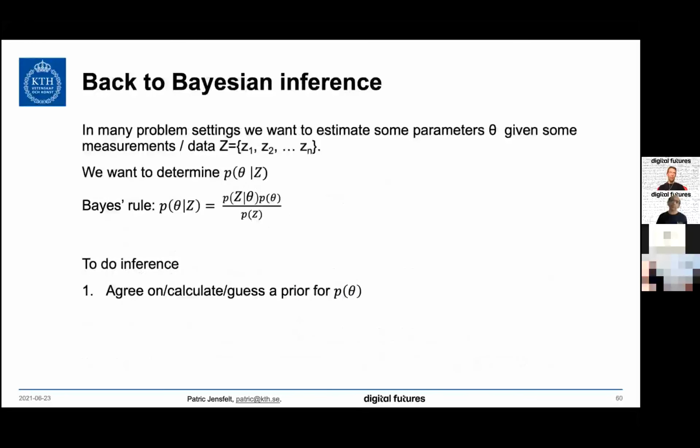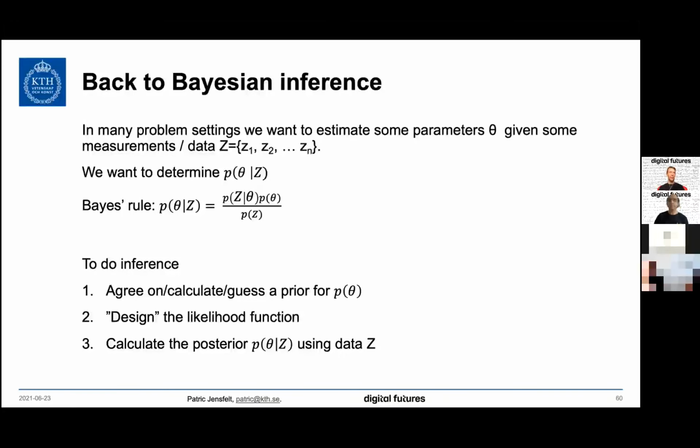All right, let's get back to the inference. To do the inference, we have to calculate or guess or agree on somehow a prior. And then we design the likelihood function somehow. So in both of these steps, there's some engineering going on typically. And then we calculate the posterior using Bayes' rule.